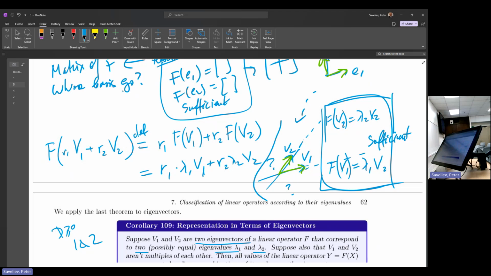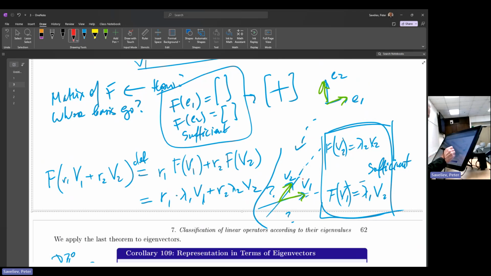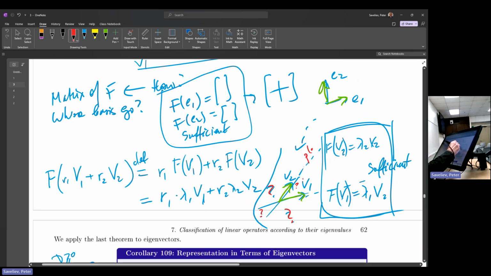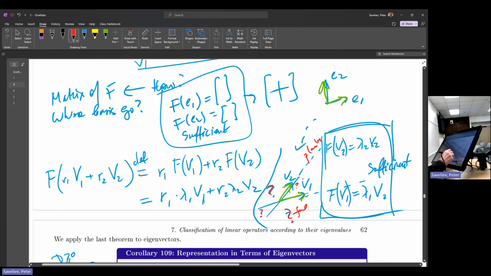Okay, so how do we get the rest of them? The rest of the behavior that is not covered by the eigenvectors or eigenspaces rather. So once again, remember these are like planks, and the rest of them is some kind of fabric, a stretchy rubbery fabric.